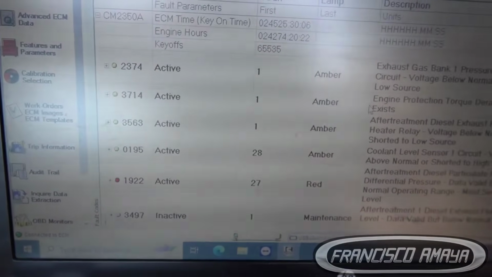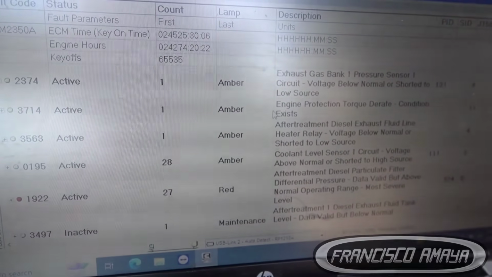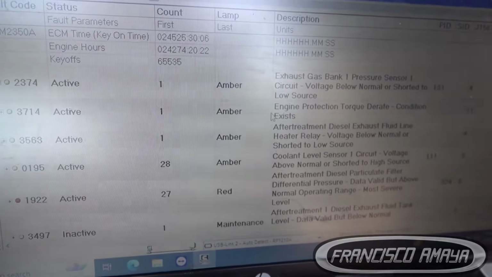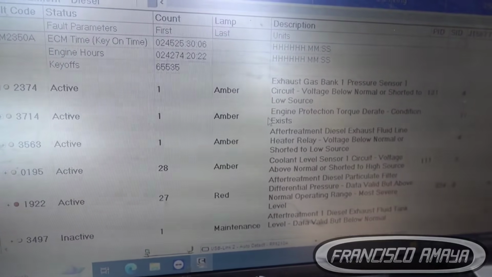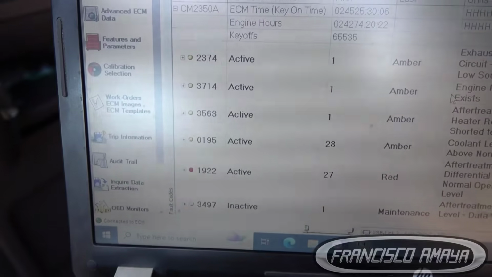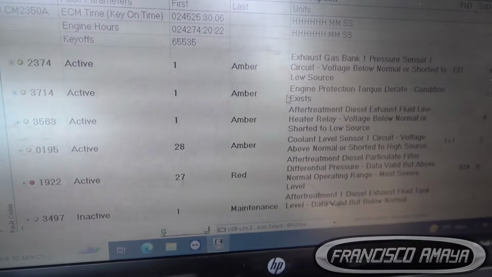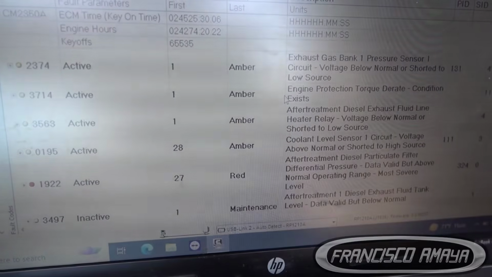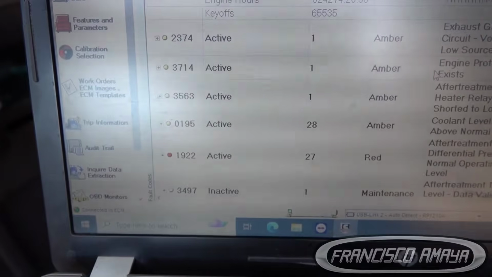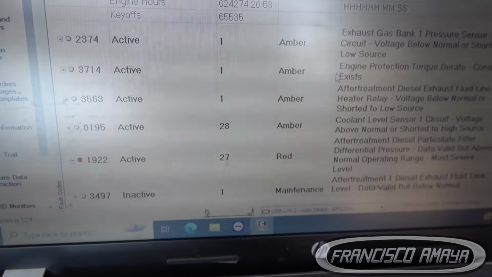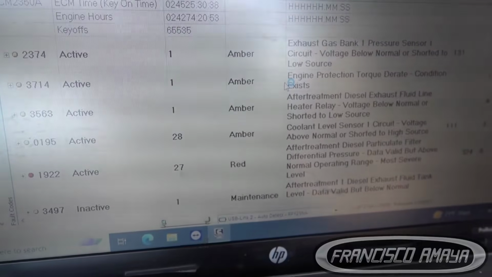The third one talks about the voltage of the after treatment DEF heater line. And there is a fourth one talking about the coolant level sensor circuit, which could be open. And the fifth one is about the after treatment pressure, which is a DPF pressure. It is not in the recommended level.